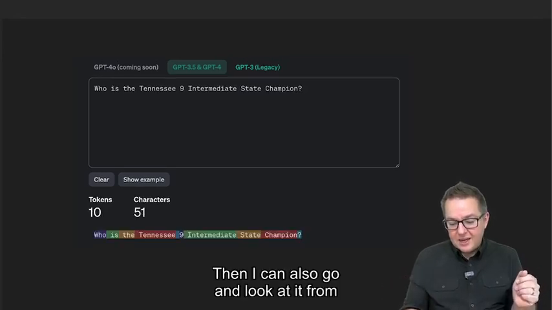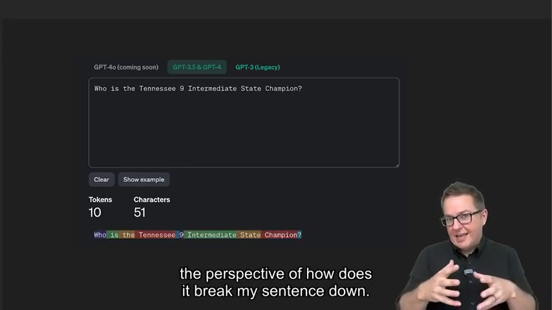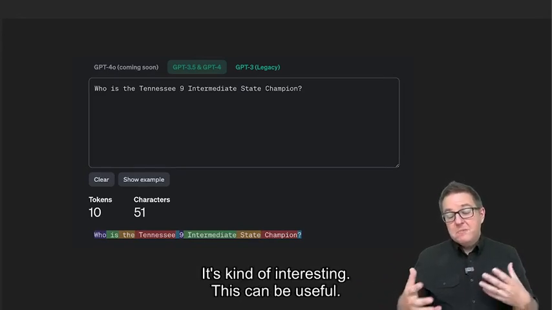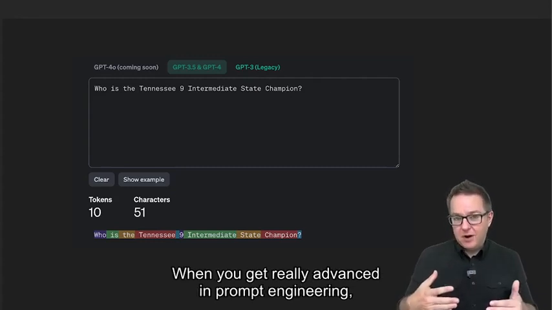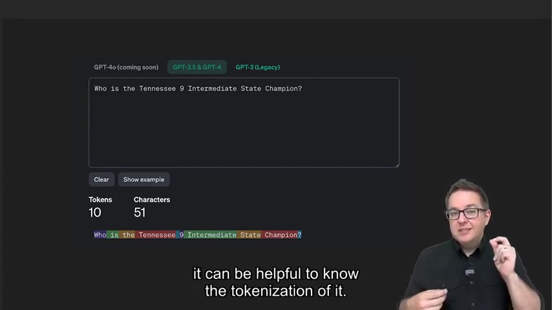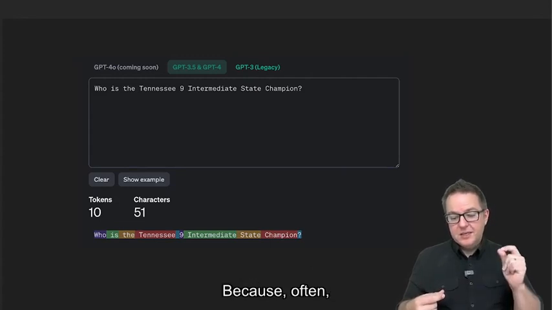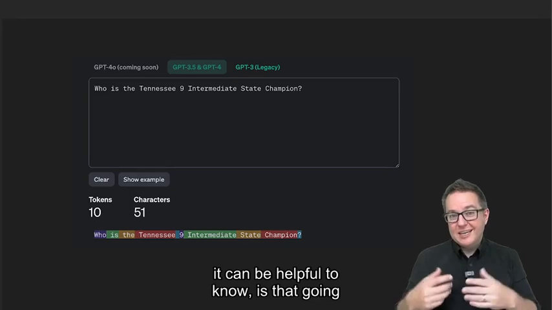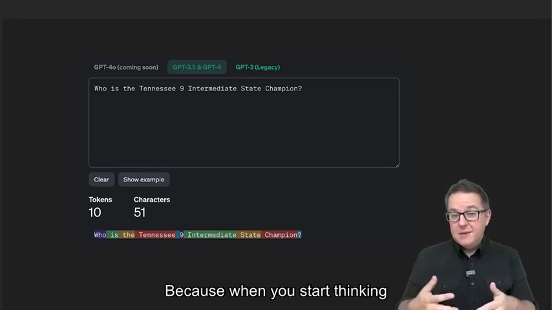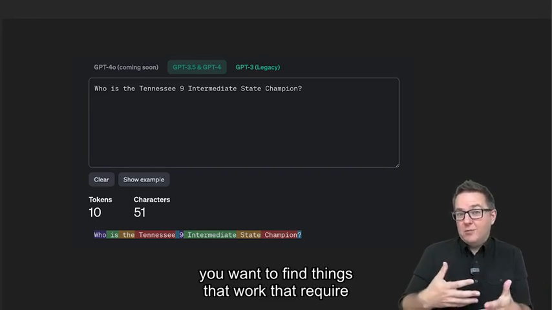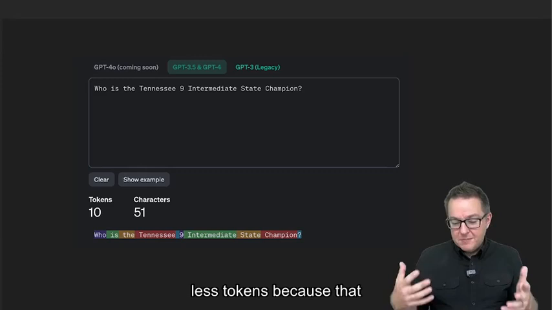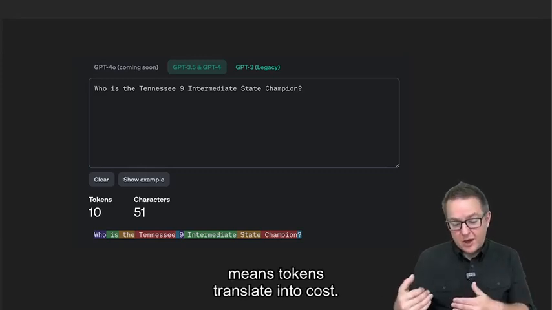I can also look at how it breaks my sentence down, and it's kind of interesting. This can be useful when you get really advanced in prompt engineering. It can be helpful to know the tokenization, because you want to know whether something is going to cost more tokens or less. When you think about prompt engineering for cost, you want to find things that work that require fewer tokens, because tokens translate into cost.